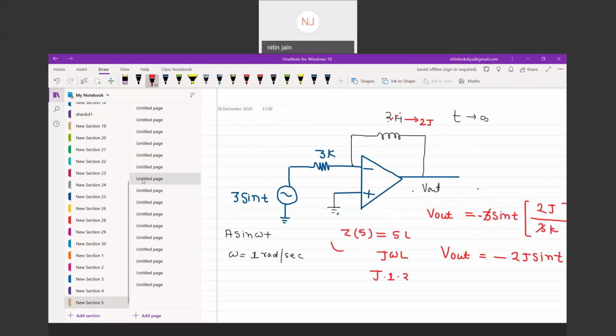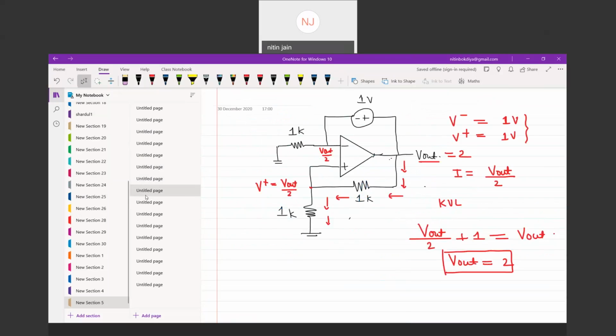Then we had a discussion about a frequency dependent circuit, in which we analyze a circuit at omega equal to 1 radian per second. Then we had a question in which both positive and negative feedback are available, and we have discussed this in our class, so I don't think more explanation is required.